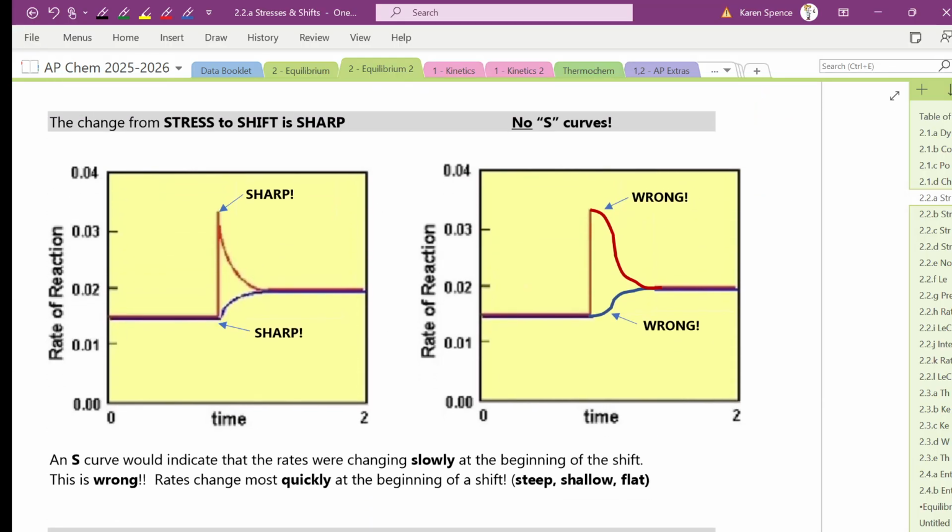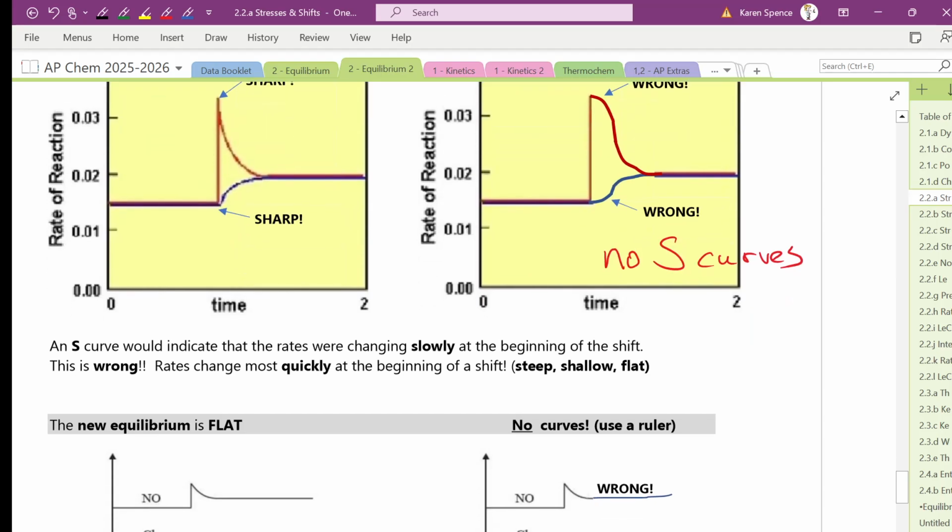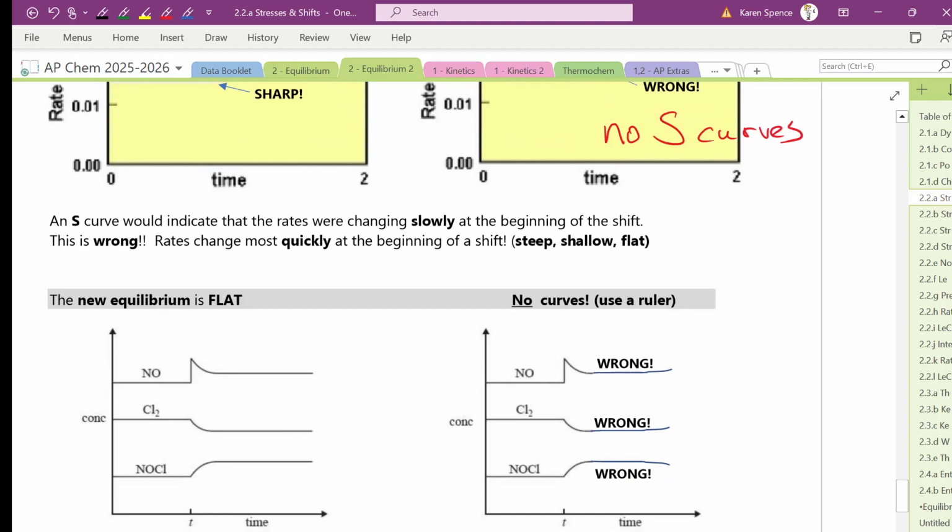Same thing applies to rate diagrams, just like concentration diagrams. You should have sharp, no S curves. The other thing you have to watch out for is, and it depends on how good you are at freehand drawing, if you can draw a straight line and be like, oh, look at that, I drew a straight line. That's great.